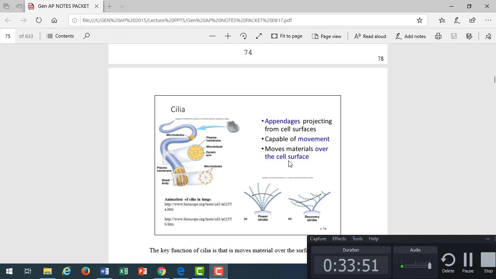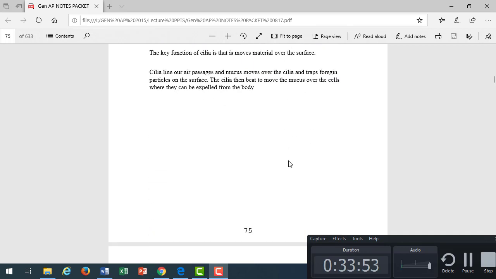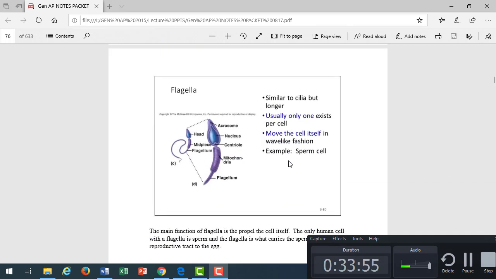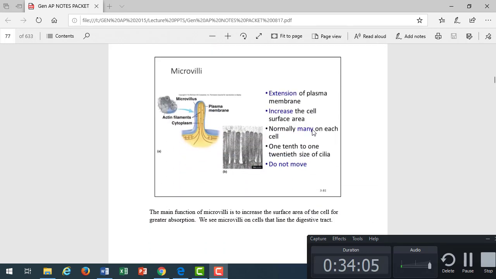Highlight that last one there. Flagella, we said, moves the cell itself for locomotion. Microvilli, remember we said, increases the cell surface area for absorption.